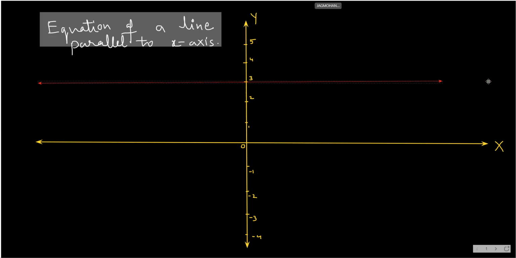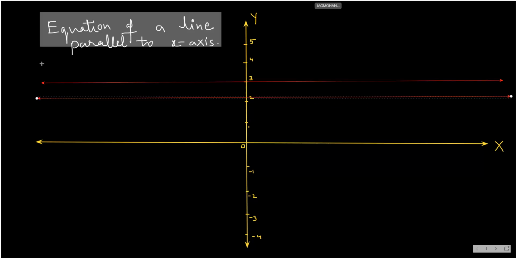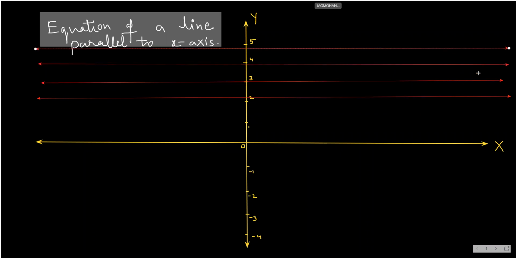Now how do I distinguish this line from another line? Say I have another parallel line here, then another here, like this, I have infinite lines which are parallel to x-axis.